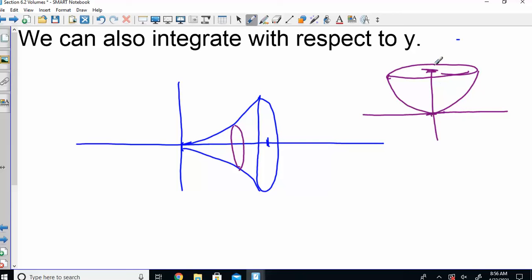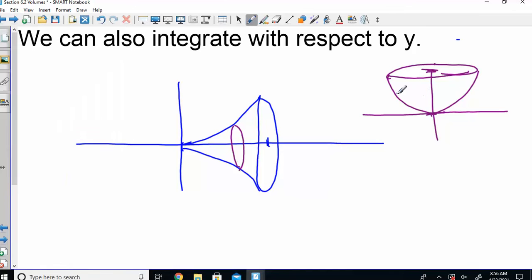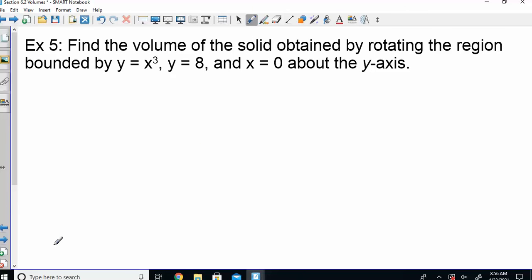So this one I would integrate with respect to y, and when I did a cross section, I would look at a horizontal slice of it. The premise though is the same. We'll integrate from the starting to the stopping, and it's the area of the cross section that we integrate to get our volume.